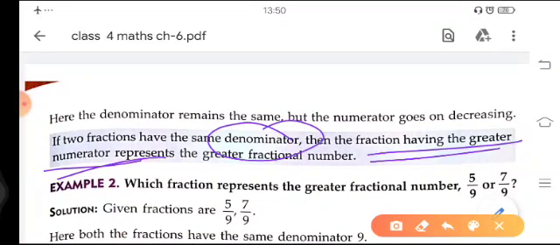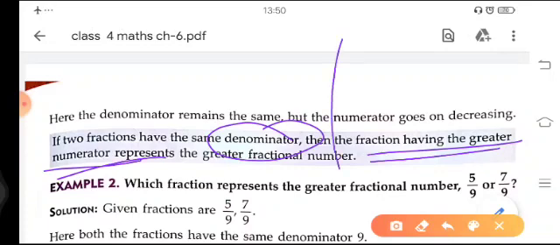See, there is one condition. First, if denominators are the same, then we will compare the numerators and the greater number will represent the greater fraction. But if numerators are the same and denominators are different, then the smaller number will represent the greater fraction.